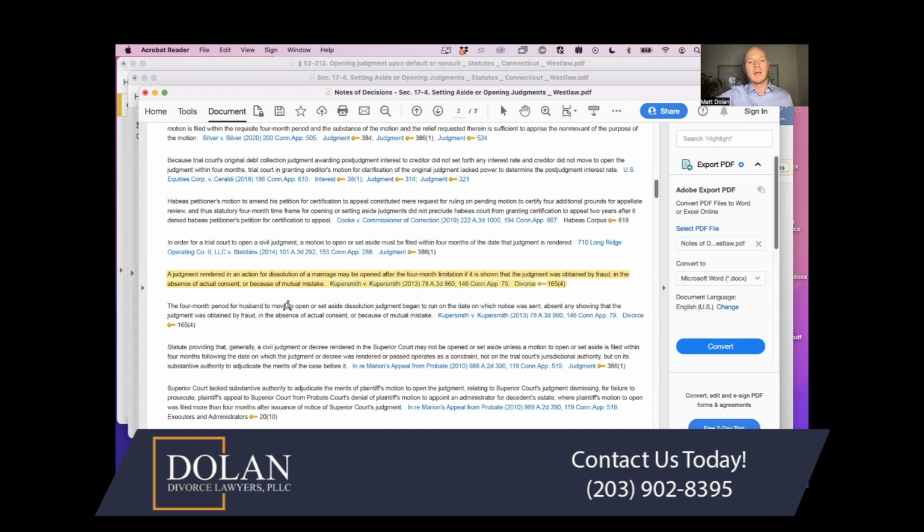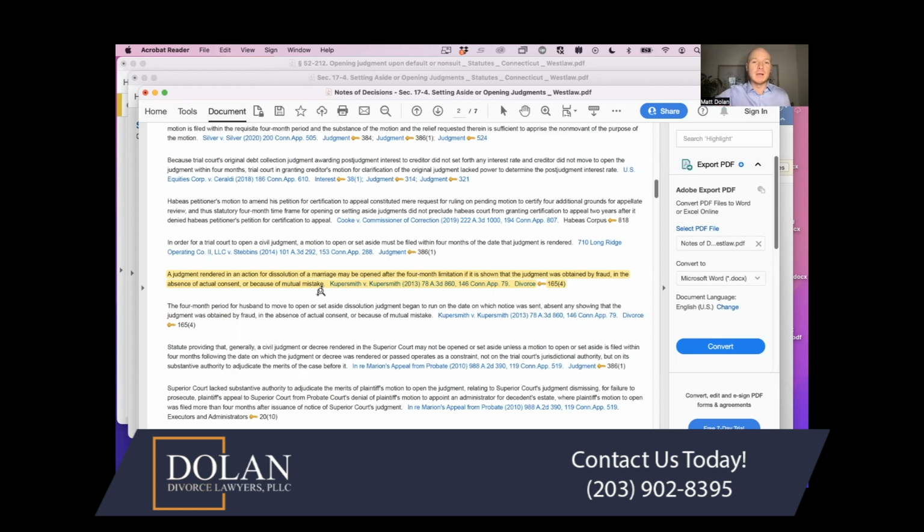And then mutual mistake is another example, in which case you don't have to finalize or reopen the judgment within 4 months. An example of mutual mistake is, let's say you and your spouse thought that he had $500,000 in his retirement account, and it turned out he had 1.5 million.